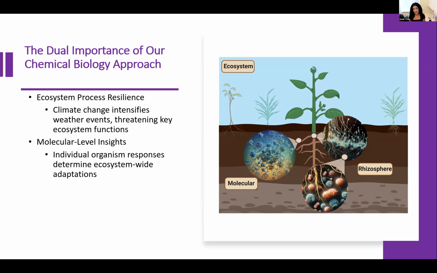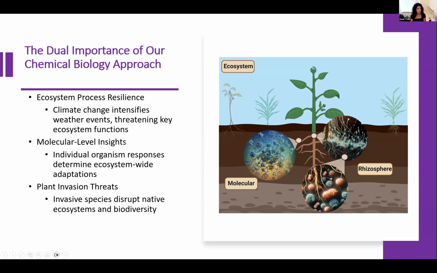Now, to better understand ecosystems, we need to understand individual organisms. And to understand individual organisms, we need molecular level analysis. Only by examining molecular level processes through chemical biology, in this particular case metabolomics, could we gain crucial insights into how individual organisms will respond and adapt to environmental changes and how this influences ecosystem processes.